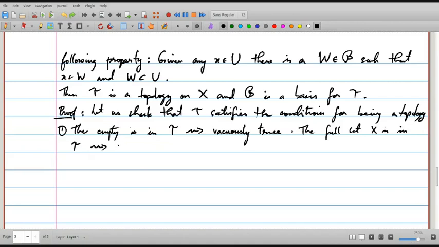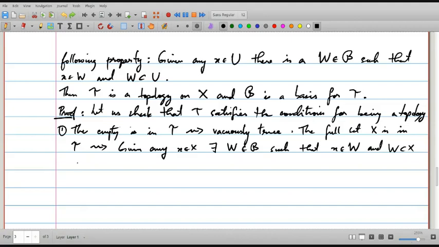This is true because the full set X satisfies the property defining tau, as given any x, there is W in B such that x belongs to W, and W is obviously contained in X. This is because B satisfies condition A, the first condition in the proposition.